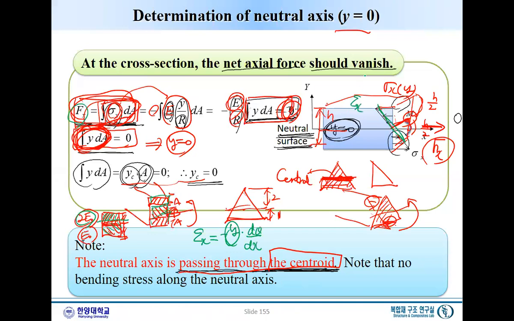Strain is always linear. So if we have a very high stiffness top, this neutral axis will go up. I mean, you don't have to calculate, but you do need to understand the concept, okay? Just qualitatively.